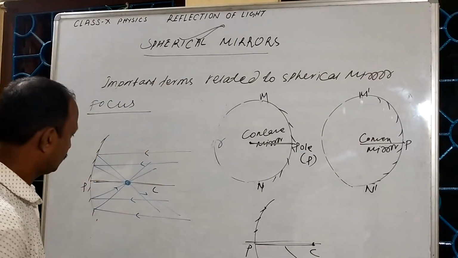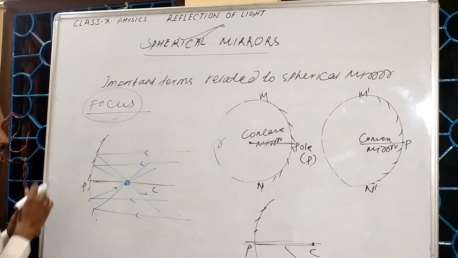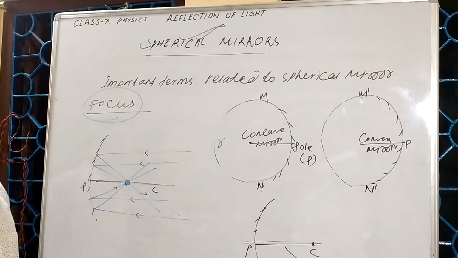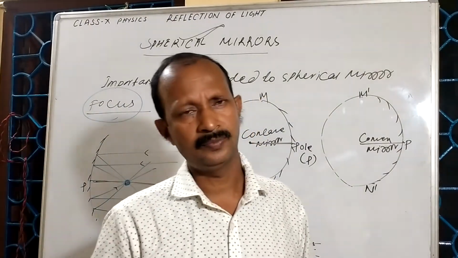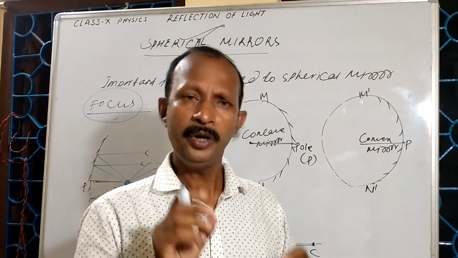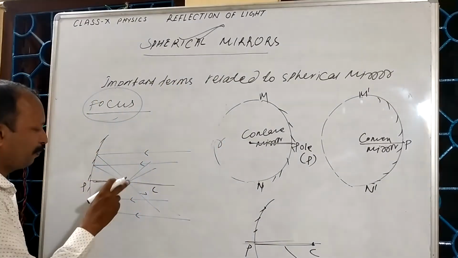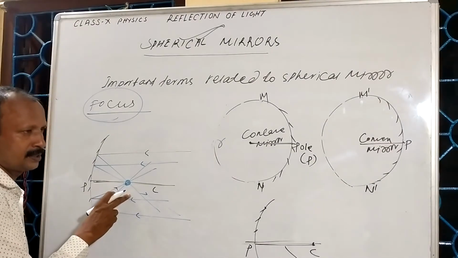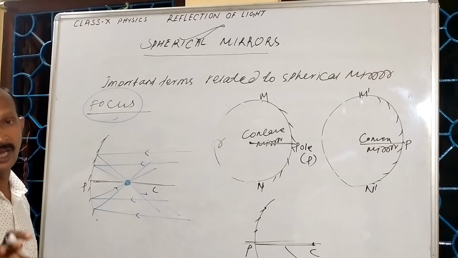So in this case, this point is called the focus. I can say it is a point on the principal axis to which all the light rays, those that are close and parallel to the principal axis, converge after the reflection.